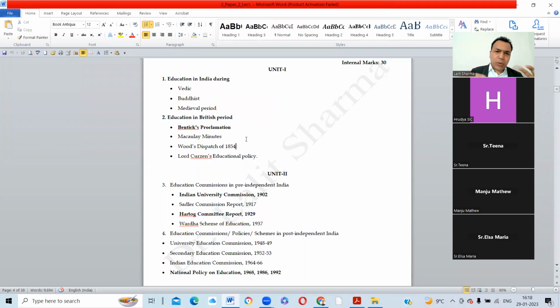So guys, what I suggest, because this is our exam preparation class: under Unit 1, one question would come from Chapter 1, Education in India, or one question would come from Chapter 2, Education in the British period, right, guys? It will never happen that the examiner asks 2 questions from Chapter 2. So first of all, prepare at least 1 chapter completely.